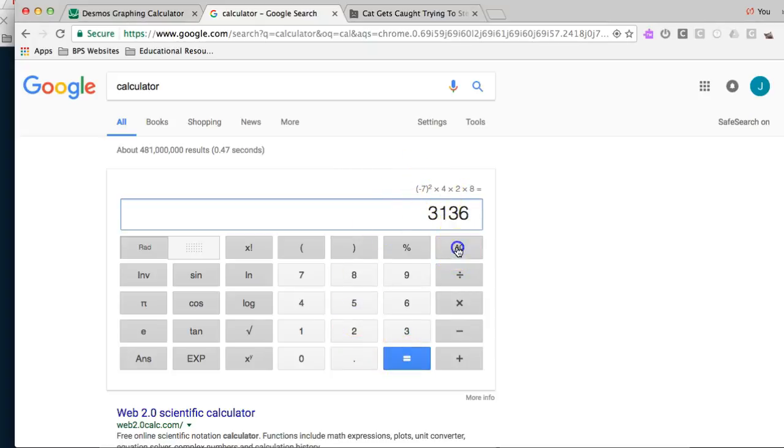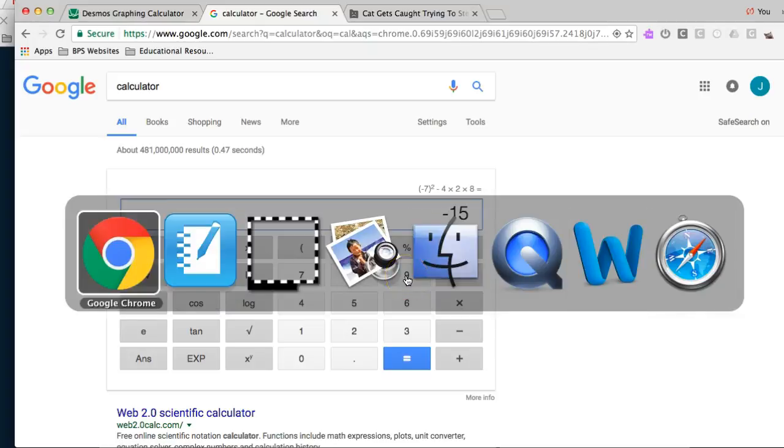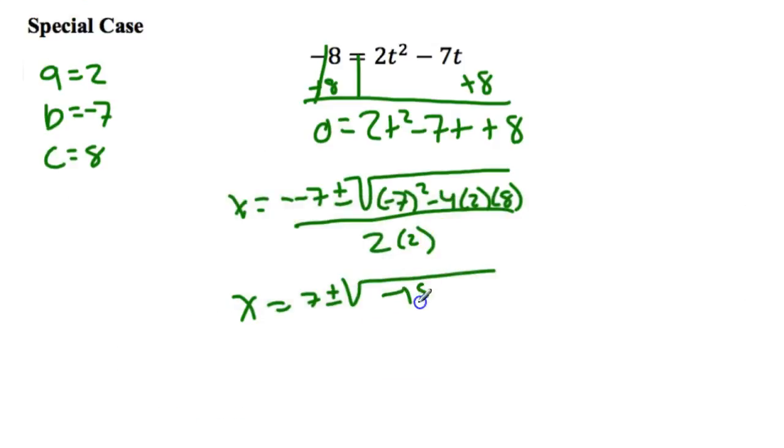Minus 4 times 2 times 8. The last question, I'm messing up. Negative 7 squared minus 4 times 2 times 8. All right, we got negative 15. Put that in, negative 15. And on the bottom, 2 times 2 is 4. Negative 15 over 4.